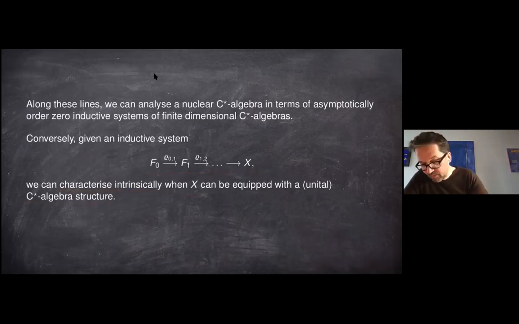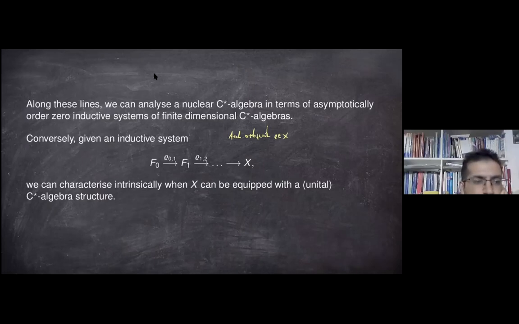So this means we want that X has an Archimedean order unit E. In general, it's not the unit of the C-star algebra where X lives in. It's really only an order unit for X, and it's in general also not invertible in any sense, I mean, not in the C-star algebra which contains X.